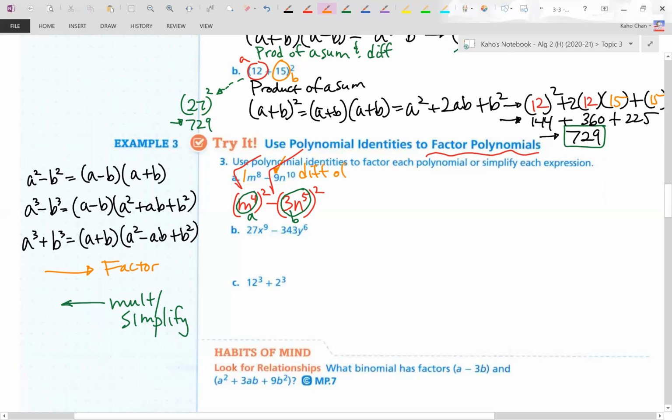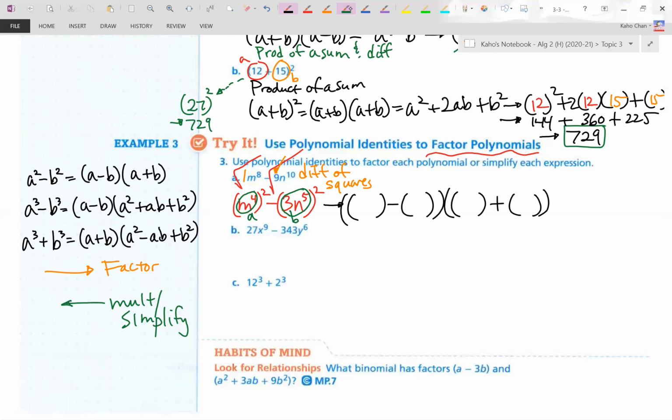The first formula, very difficult to spot, not easy to teach whatsoever. Pause the video for a little bit. Think about that formula. I broke down the m to the 8th and I broke down 9n to the 10th. Okay? Using the rest of the formula, this is equal to A minus B times A plus B. I'm literally going to take the square roots of those original terms from the beginning.